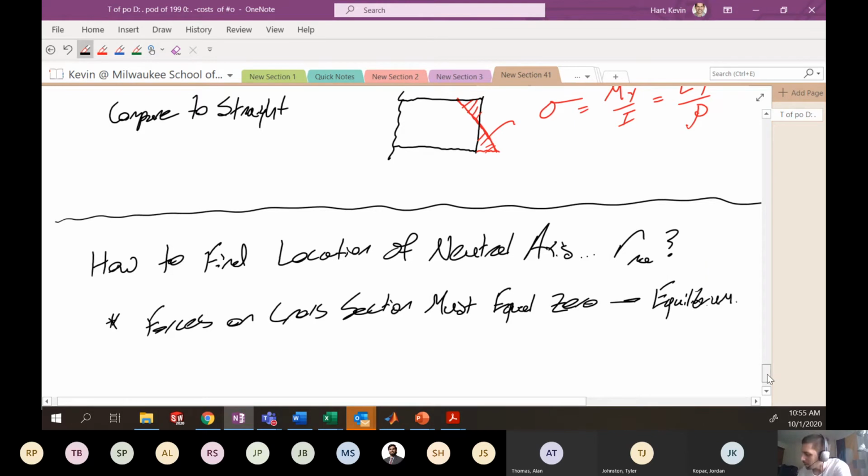There is some location on that cross section where the hyperbolic distribution crosses from giving you compressive stress to giving you tensile stress. We're going to enforce that the location where that happens is such that the amount of compression and the amount of tension on that bar equals out to be zero.